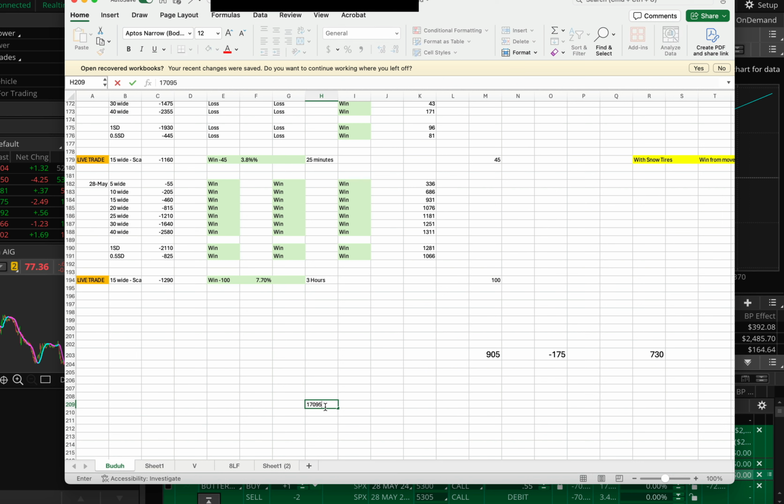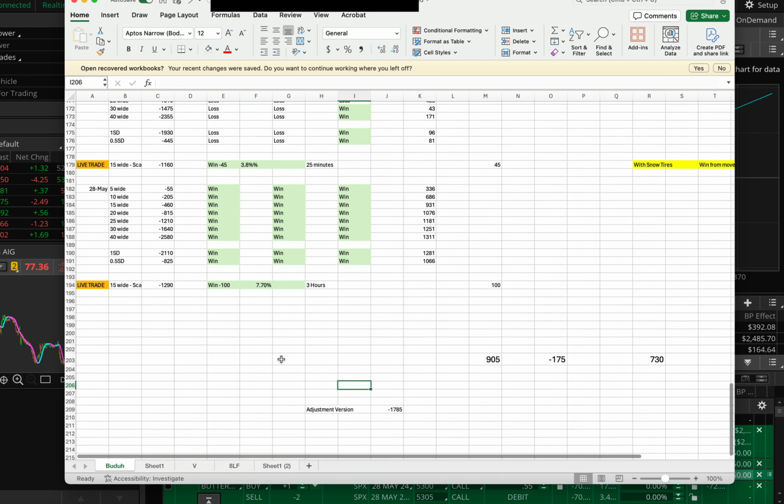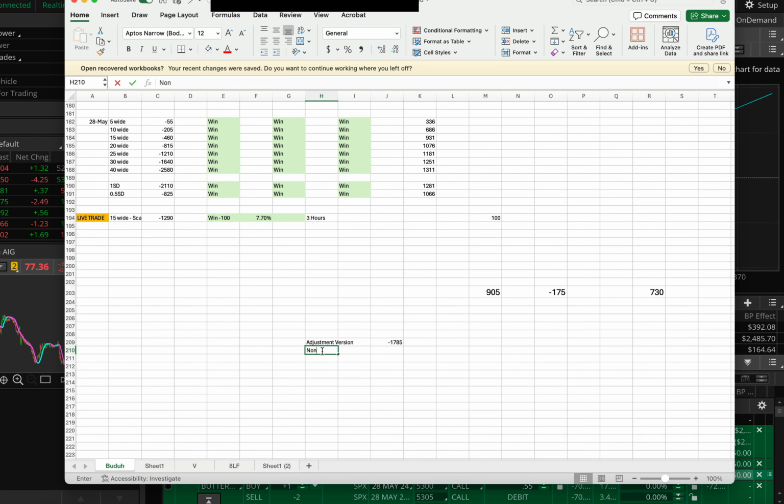So 1705, let's say adjustment version. 1705 is the benchmark for the risk. That's the highest risk we ever had on a trade for an adjustment. That could get wonky, but oh well. And then the non-adjustment version, 690. So let's use 690 for right now.